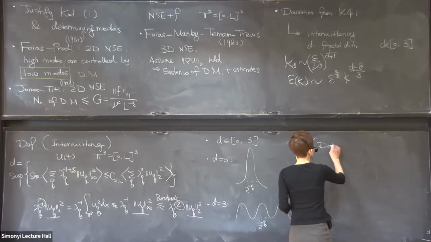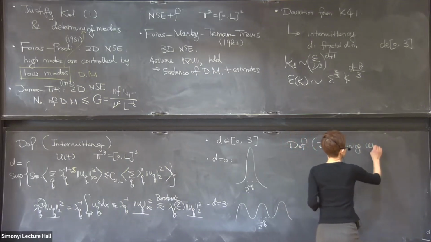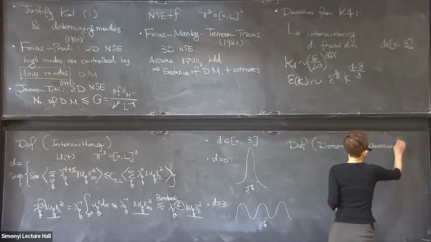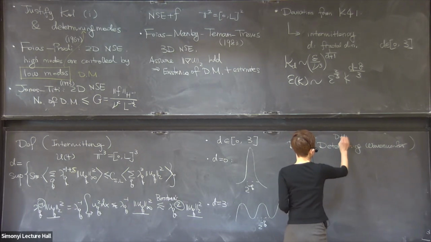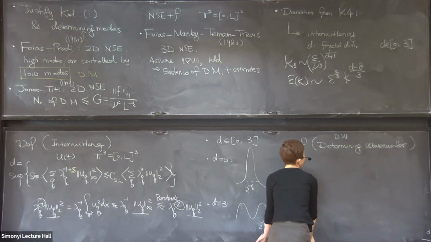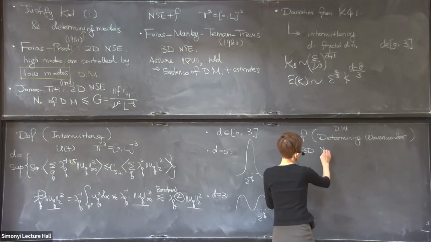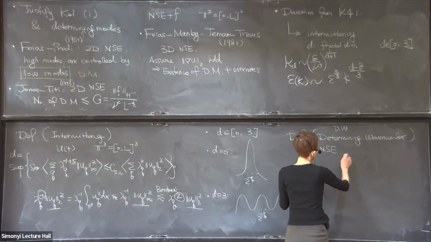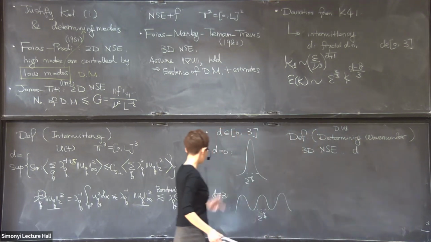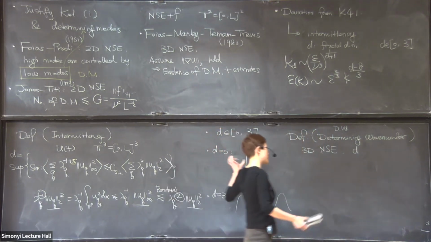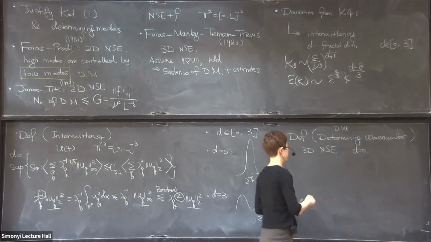We call it the determining wave number. For the 3D Navier-Stokes equation, we do it in two separate cases: when D is 0, the extreme situation, and when D is away from 0.